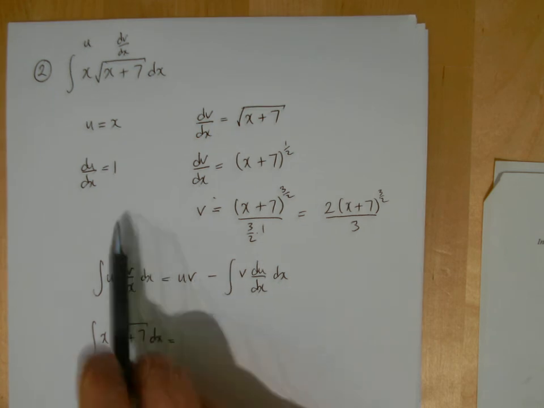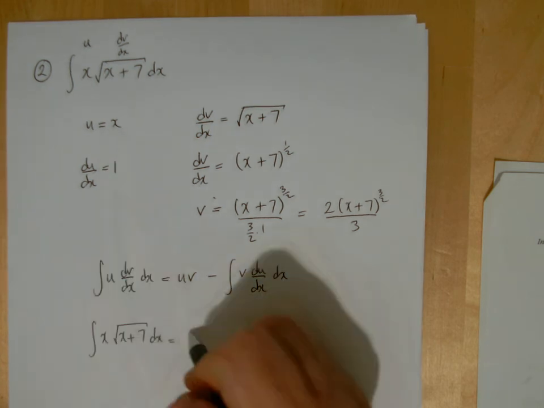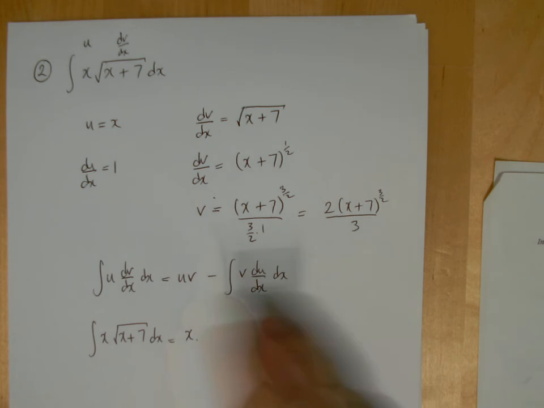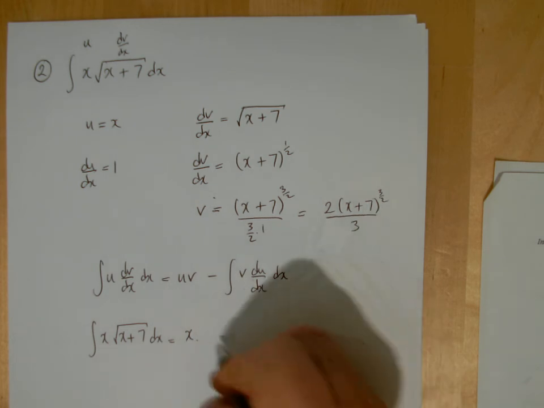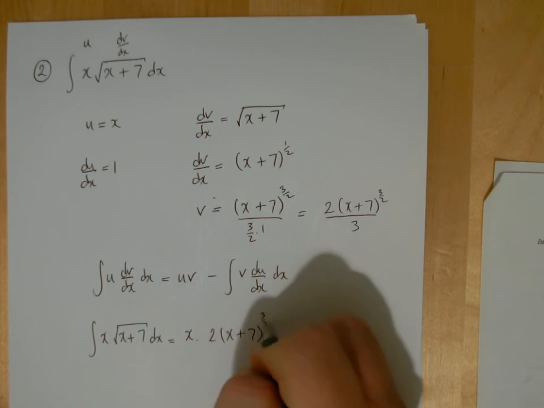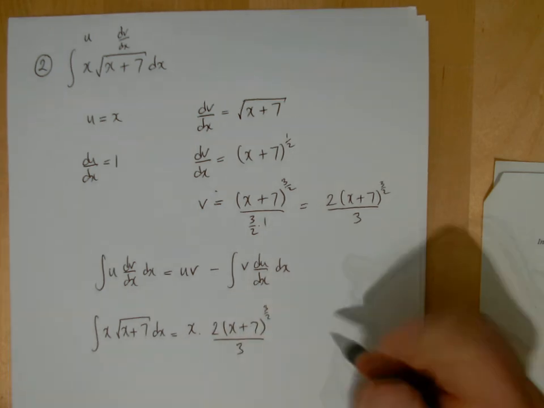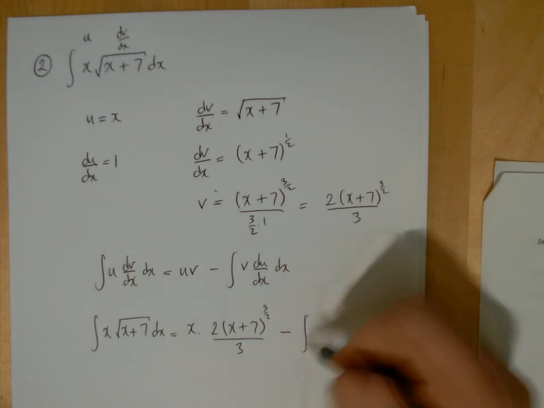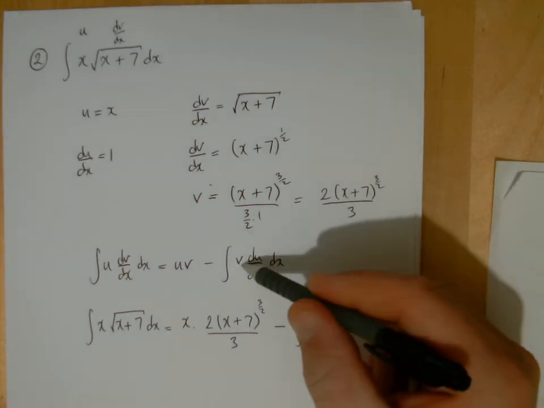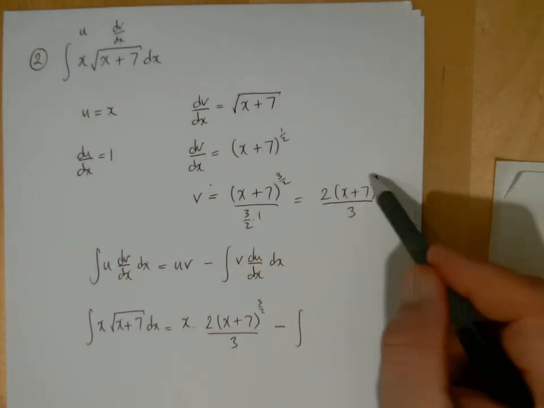So uv means I've got to times u, which is x, by my v, which is all of this, okay? So 2 bracket x plus 7 to the power 3 over 2 all over 3, okay? Take away then the integral. Now in the integral I've got v, which is this, yeah?